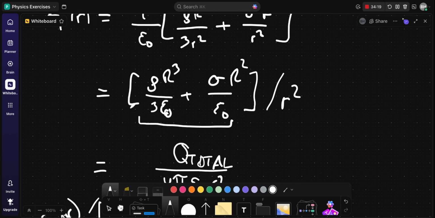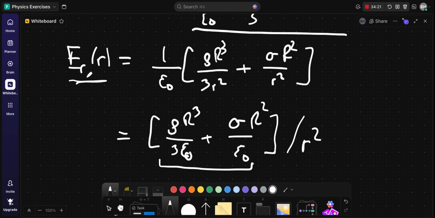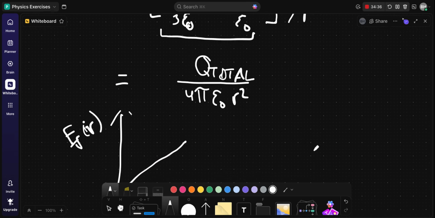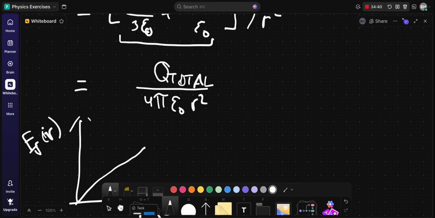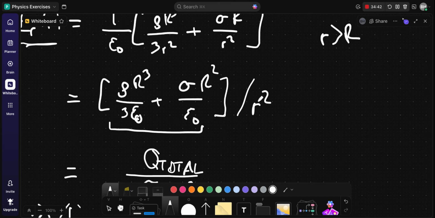On the other hand, looking at the other formula, which is valid for the electric field when r is greater than capital R, we see that something interesting happens. Okay, so if I substitute r equals capital R, what do I get here?